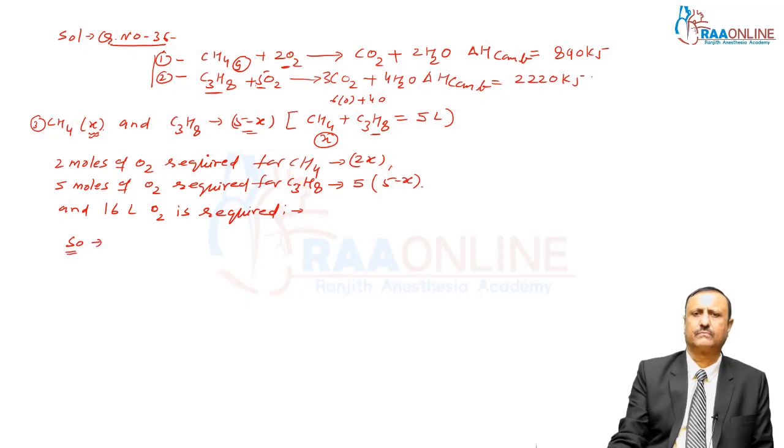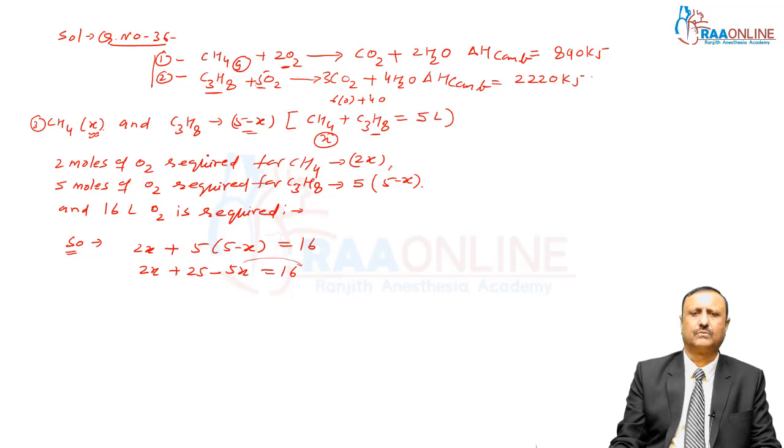We plot this equation. In the equation, you get 2x plus 5 into 5 minus x equal to 16 liter, the total required by the methane and propane. Here you can see 2x plus 5 times 5 is 25 minus 5x, equal to 16.